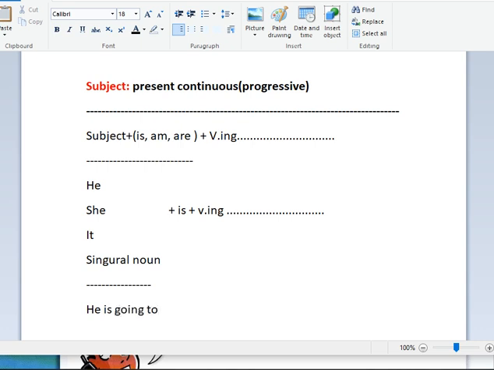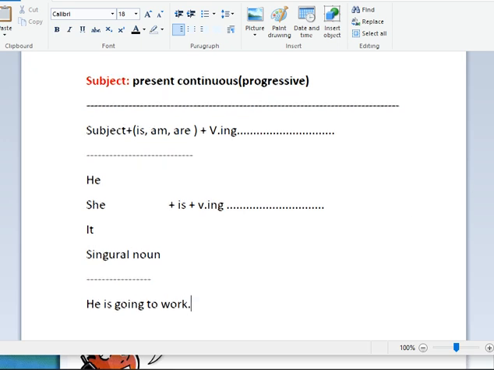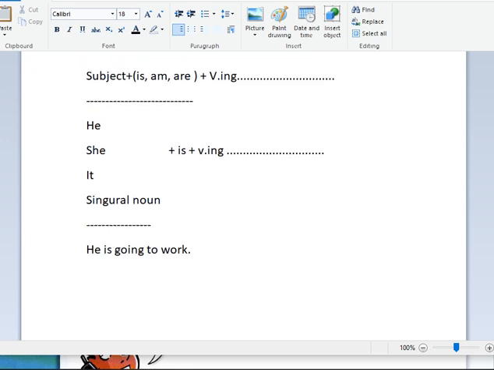He's going, for example, to work. This is present continuous. For example, she. You cannot say she are. This is totally wrong. You have to say she is, for example, she's walking to the park. She's walking across the park.